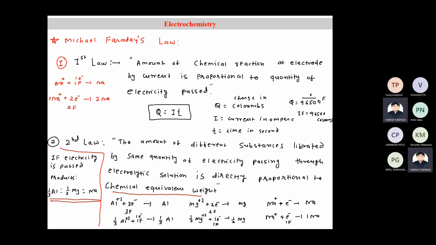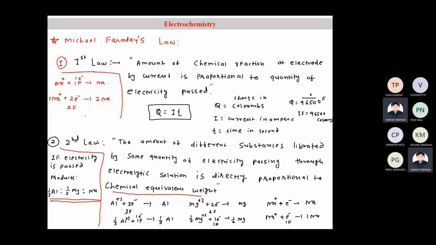The amount of chemical reaction at the electrode is proportional to the quantity of electricity passed.